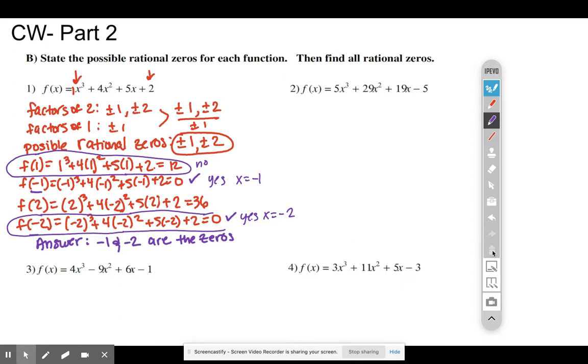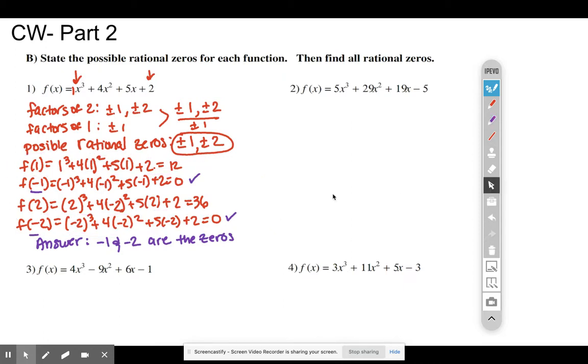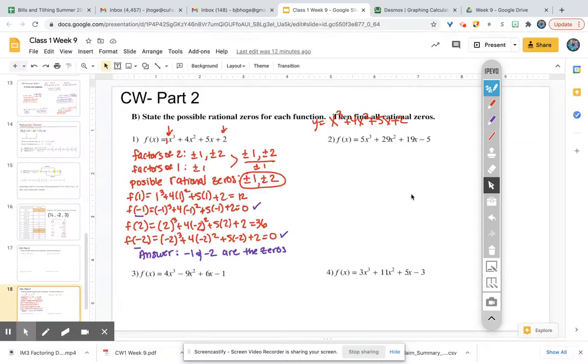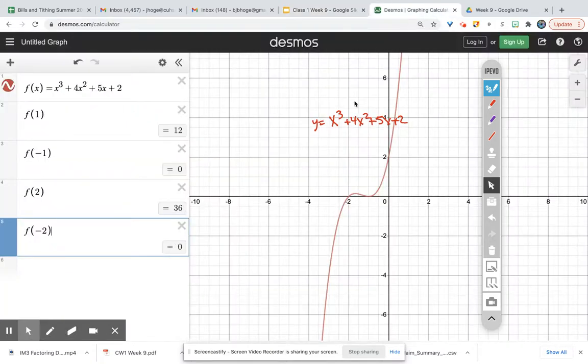So if you want to find out if there's a multiplicity, which means if one of the roots is twice, we can go and graph it and see if it bounces. So we can do that right now. X cubed plus 4x squared plus 5x plus 2. Let's go ahead and graph that into Desmos. So let's take a look.